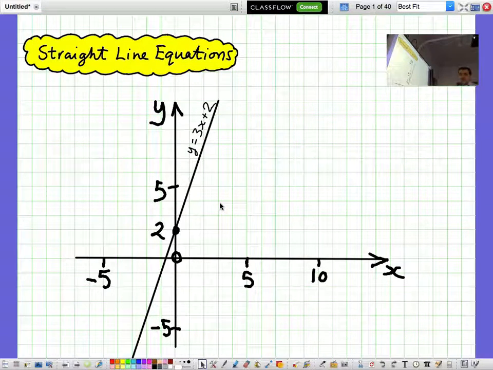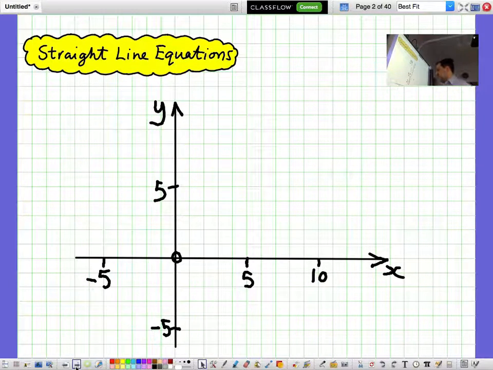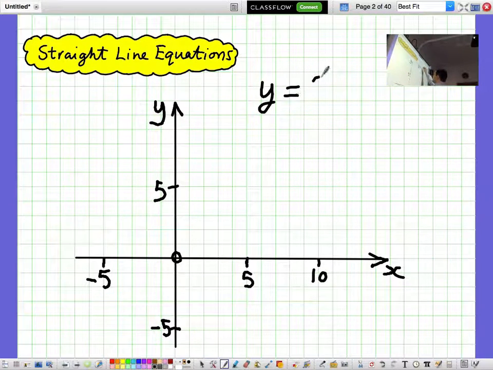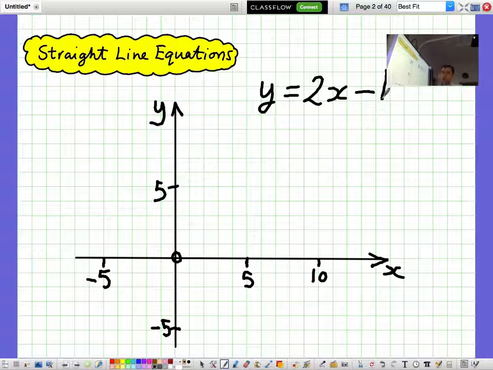Okay, so we'll just do another one of those. Let's say y equals 2x minus 1. So the minus 1 is telling us that it's cutting at minus 1 there. And then the 2x is telling us that for every 1 across, it's going to go 2 up.